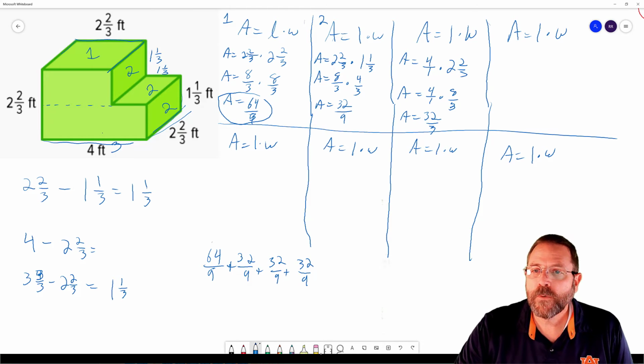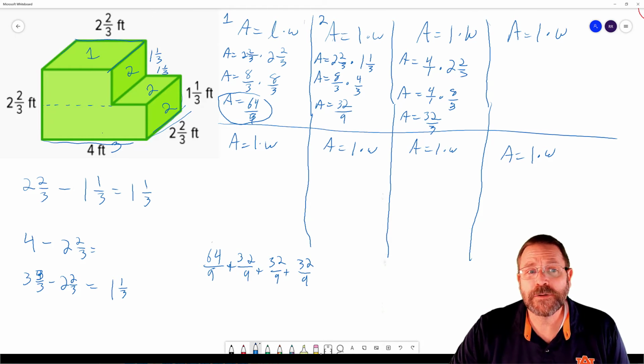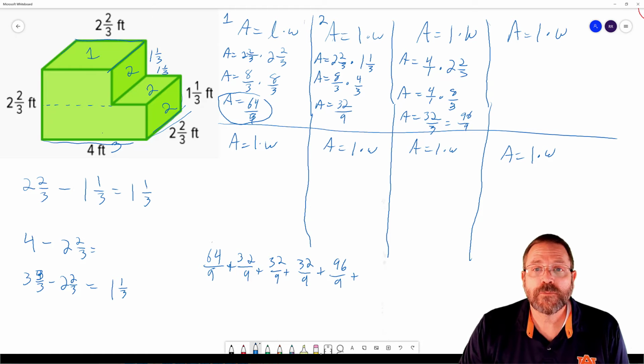Now I'm going to take that 32/3. I've got ninths so far. I'm hoping ninths can be my common denominator. So I'm just going to go ahead and convert that to be 96/9, and that's what I'm going to put right here, 96/9. And now I'm ready to go to the next rectangle.